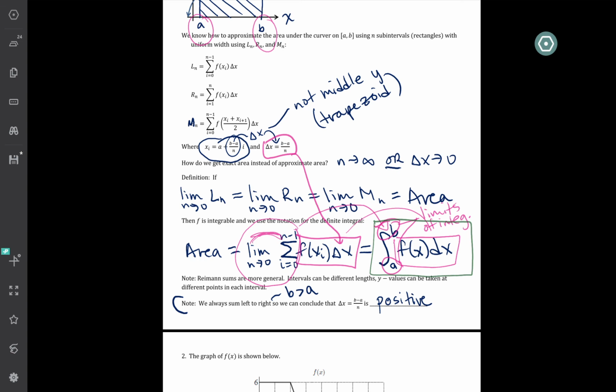Okay, so basically what I'm getting at here is that the width of your rectangle is always positive, which means when we get into this little bit of silliness where areas are positive but integrals are not always positive, it's really easy to tell when you're getting those negatives from an integral because it's entirely determined by the y value. If the delta x, or the dx, is always positive, then the sign that you get out of an integral, the positive or negative, is going to come from the f of x part.